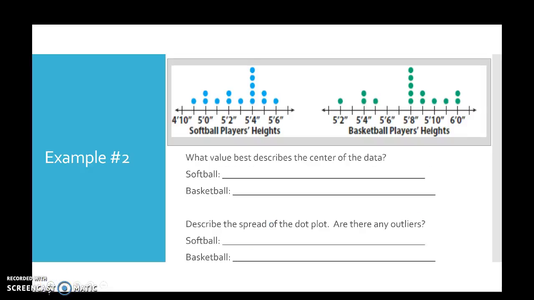So now let's look at the value that best describes the center of the data. So center is another word for the median. And how do we find, I misspelled that, sorry. How do we find the median? So with the median, we are crossing them off from the outside in. So one from the left, one from the right, left, right, left, right, and so on.